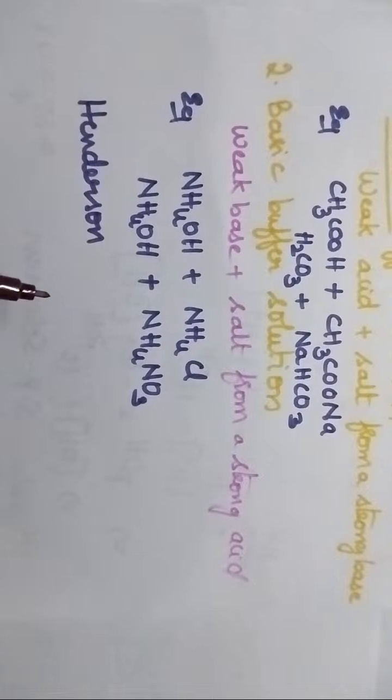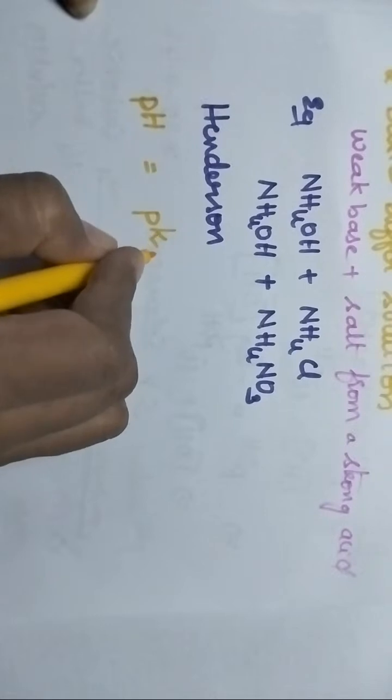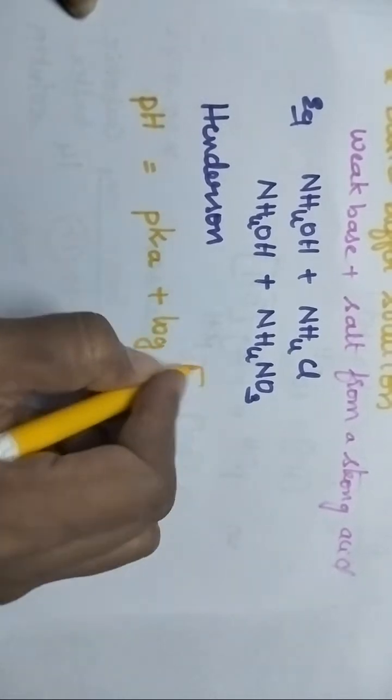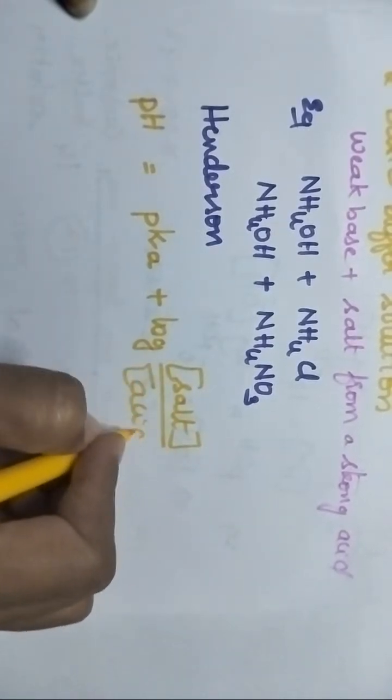two expressions for the calculation of pH and pOH for buffer solutions. The pH of an acidic buffer solution can be calculated using the expression pKa plus log of the concentration of the salt divided by the concentration of the acid.